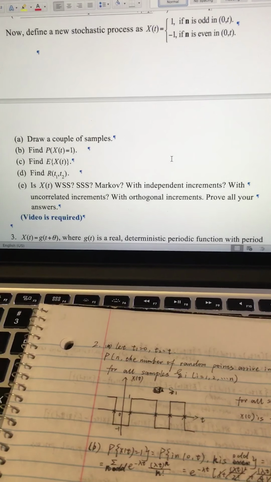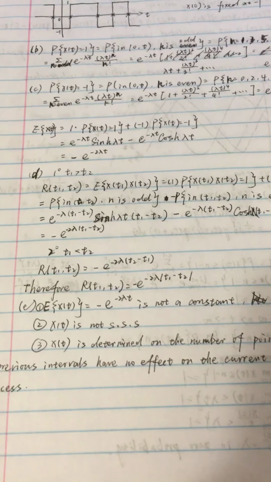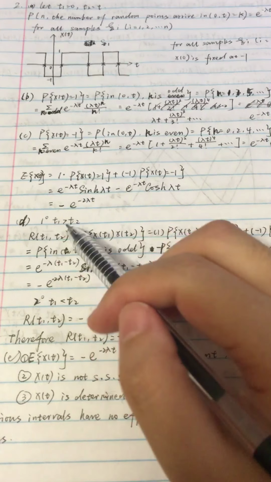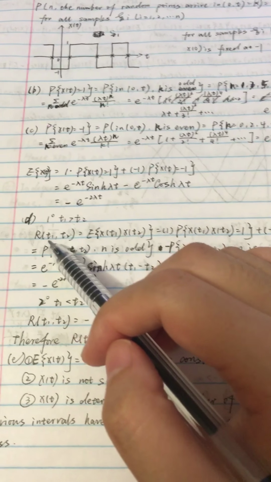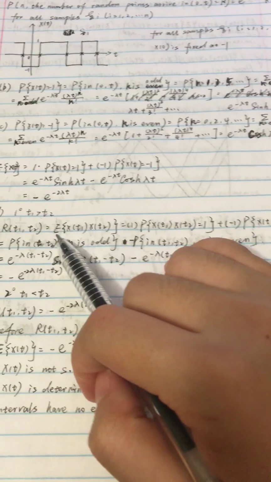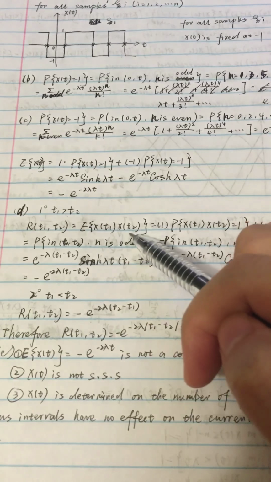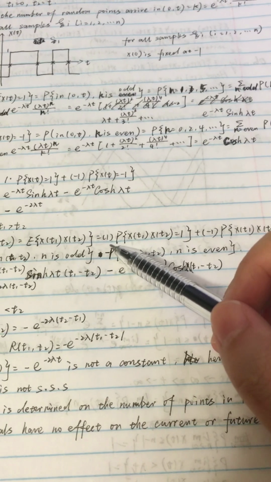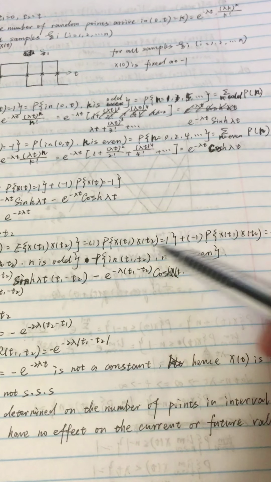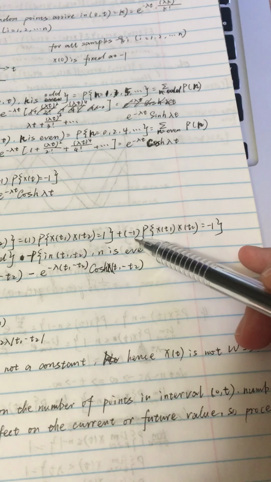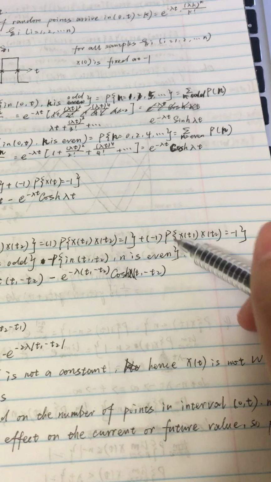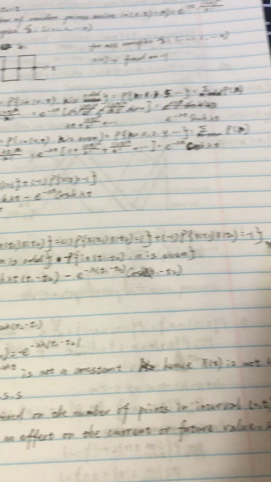The fourth question, find R(T1, T2). The first case, when T1 is greater than T2, R(T1, T2) equals the expectation of xt1 times xt2, which equals 1 times the probability here plus -1 times the probability here.